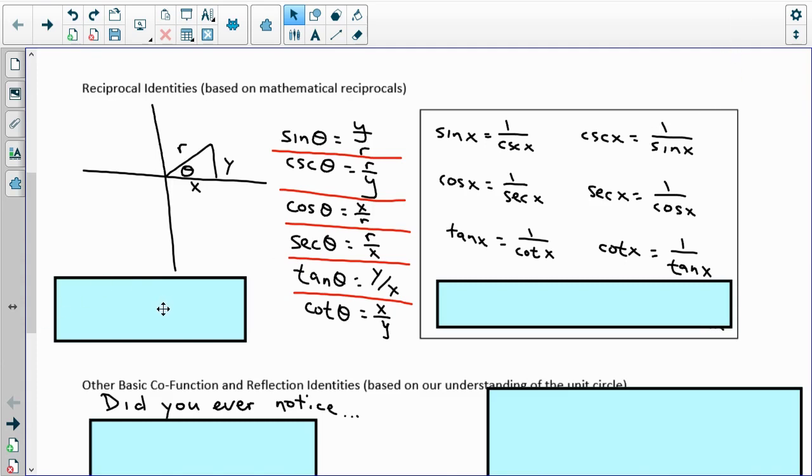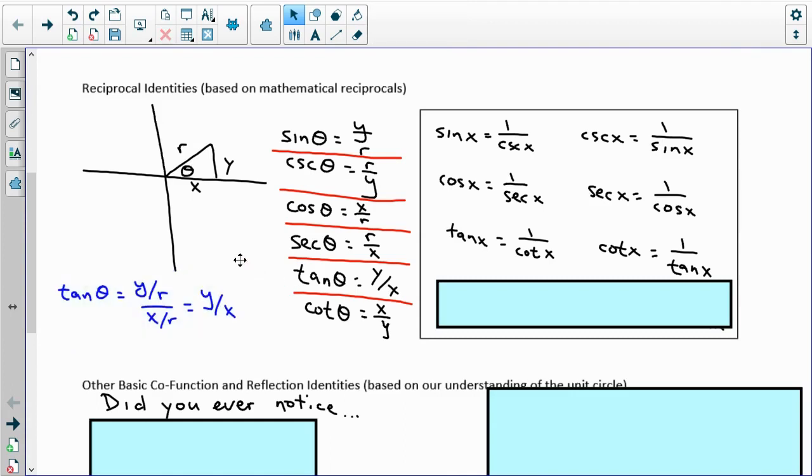Another thing I'll put in this category, even though it's technically not a reciprocal identity, but it kind of fits in with these, is one thing you may or may not have noticed before is that tangent is y over x, but that's also the same thing as y over r divided by x over r. Now we know that y over r is sine and x over r is cosine.